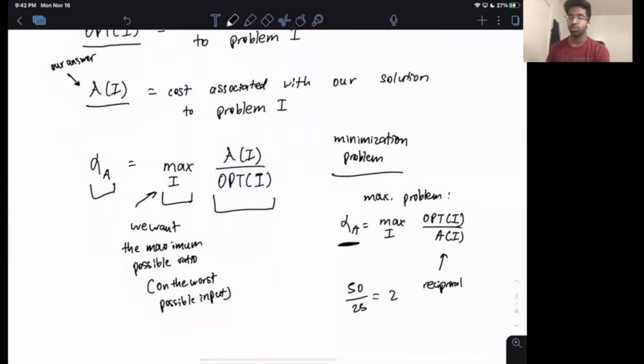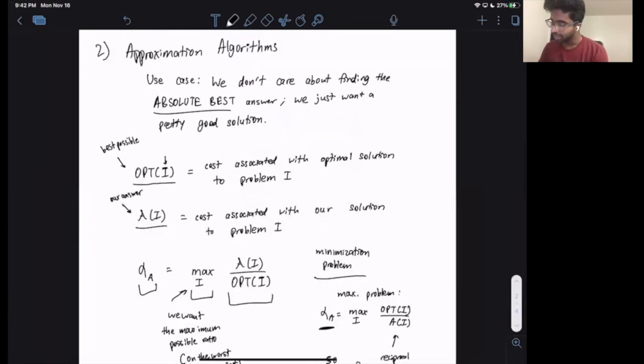Then we'll say the factor that we're off by is 2, right? So for a minimization problem, it's our cost divided by the optimal cost, whereas for a maximization problem, it's the optimal value divided by the value that we get using our algorithm. So yeah, that's approximation.